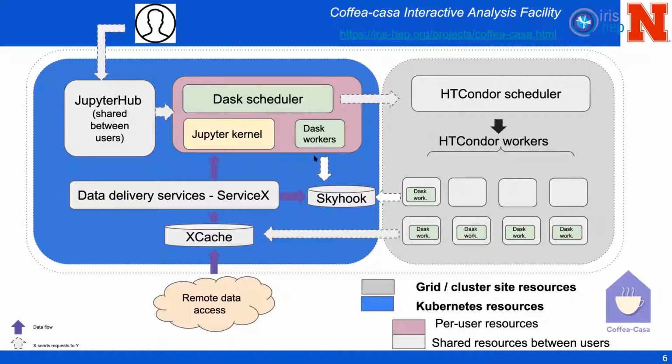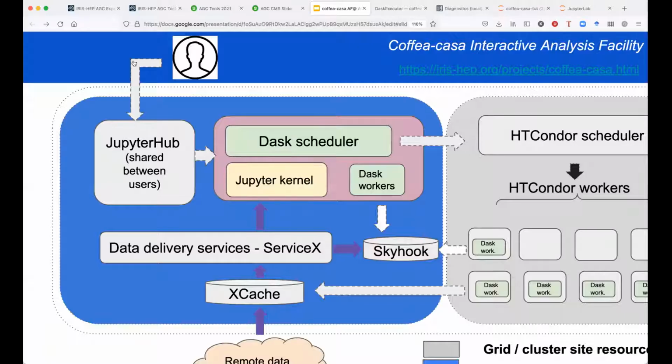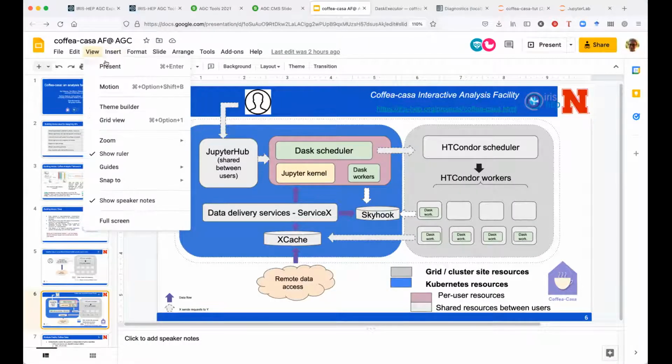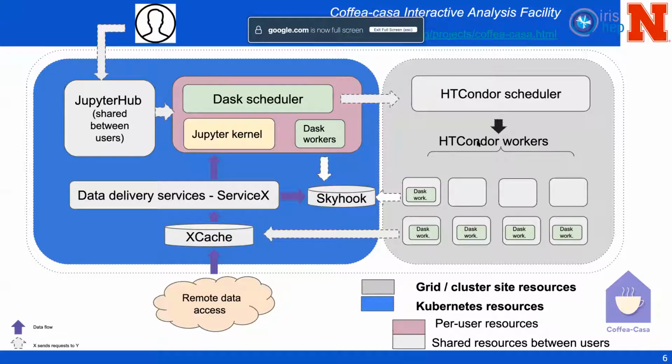You get your Dask scheduler, and one Dask worker is always available for you, so you can start your computations quicker. We also deploy a service, XCache, and we are working now on Skyhook to give the possibility to test it.